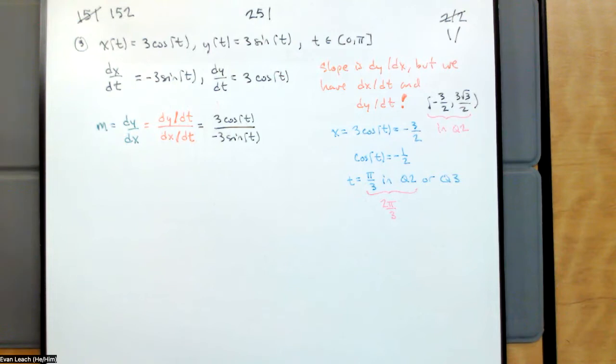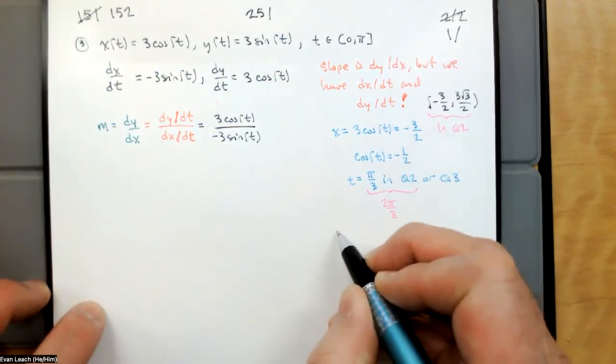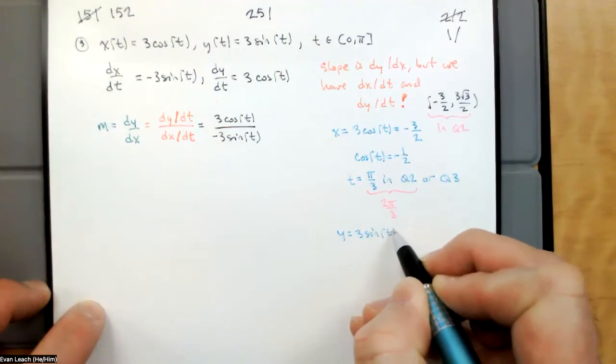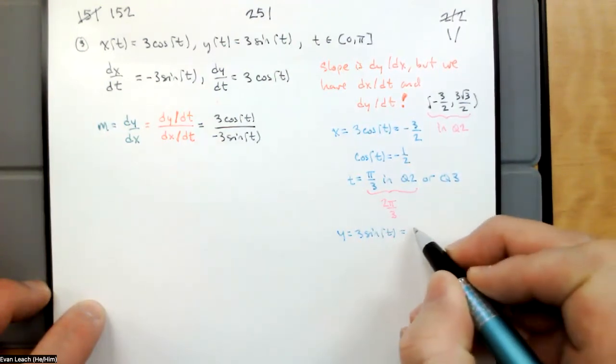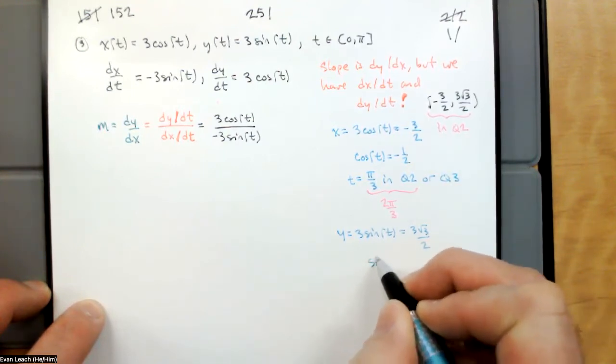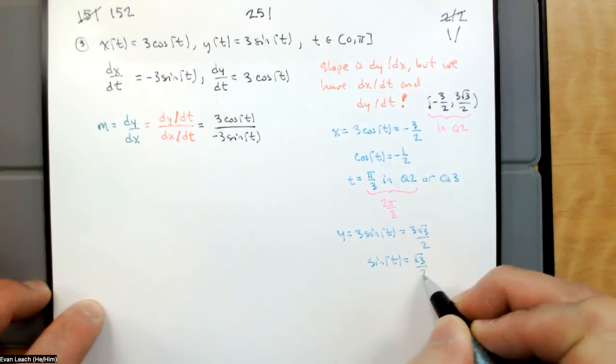If we come at this from the other direction, y is 3 sine t. And we want that to be 3√3/2, which means we want the sine of t to be √3/2.